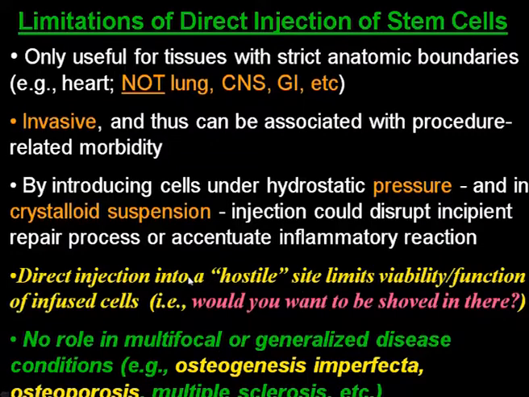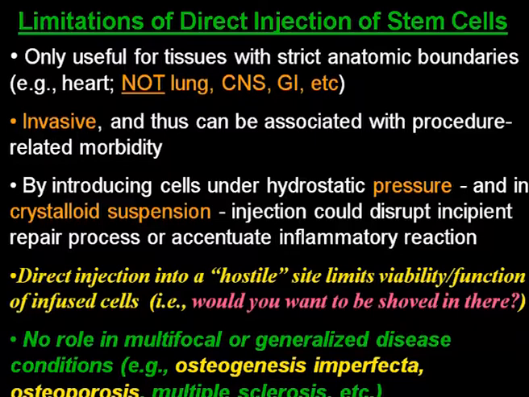Also, the direct injection of a stem cell into a hostile, that is, inflammatory site, would put that cell at a disadvantage in knowing what to do, number one, and number two, whether it could survive. Low pH, release of proteases and glycosidases and elastase, things of these natures, these enzymes that will disrupt the matrix of that tissue, would prevent that cell from taking a foothold and possibly even surviving at the site.